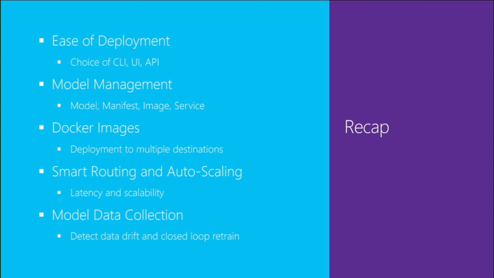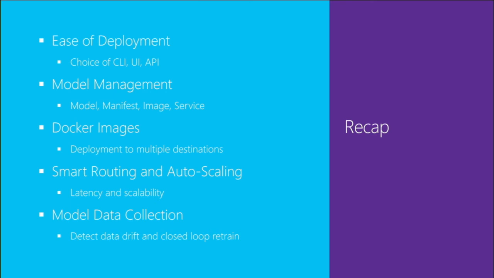We talked about model management, the ability to track your web services and what models are being served behind those web services. We talked about the concept of registering your model, creating a manifest, building the image, and then deploying the Docker-based web service to ACS.